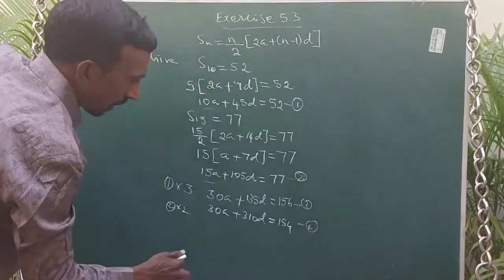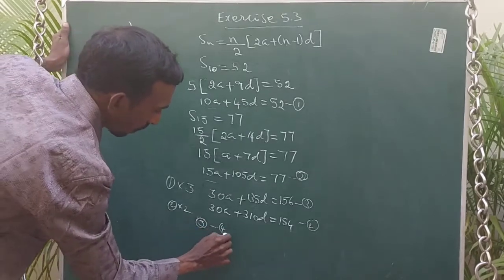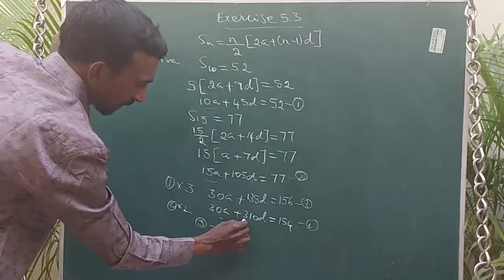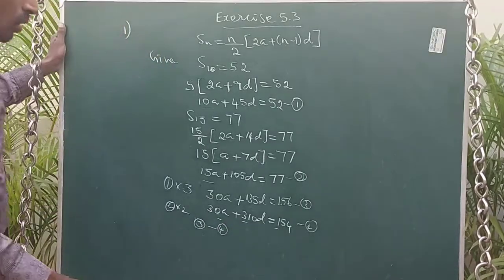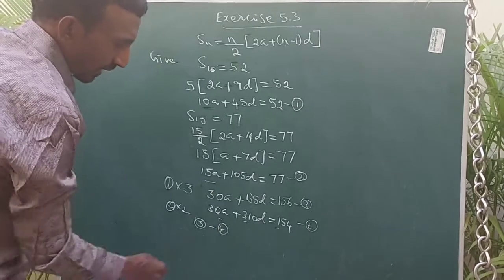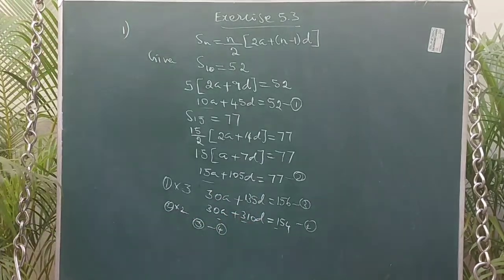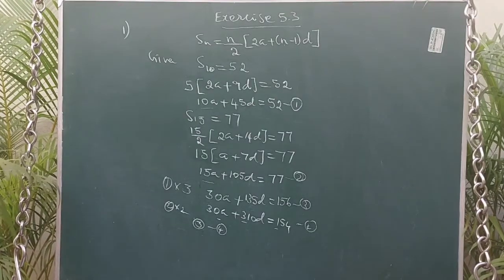Now 4 minus 3, or 3 minus 4. So 30a minus 30a cancel. 135 minus 210. Sorry, not 310, 210.